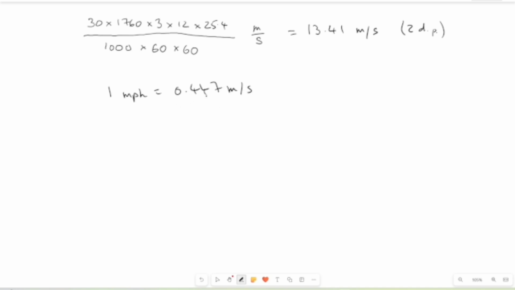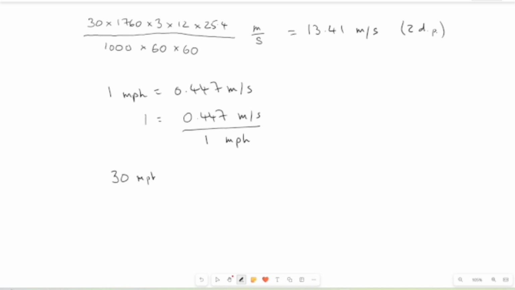I've just found that off the internet, but you may look in some other book, for example, and find something similar. And therefore, I can divide both sides by mile per hour: 0.447 meters per second divided by 1 mile per hour. And then we can go directly to doing our conversion.